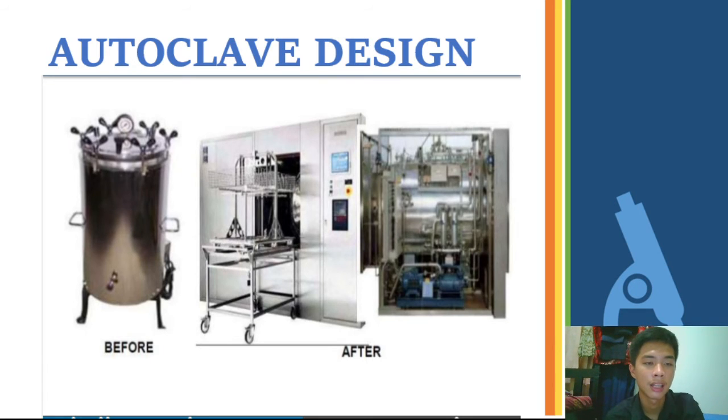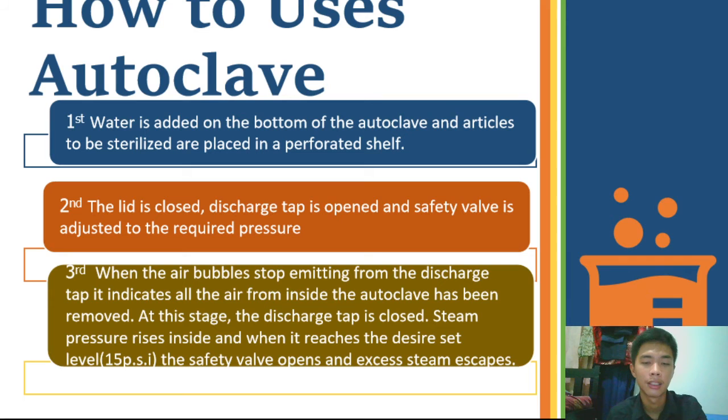The old design is like a tube and the new one is like a box. Also, the technology used in the autoclave with the new design is better than the old design.